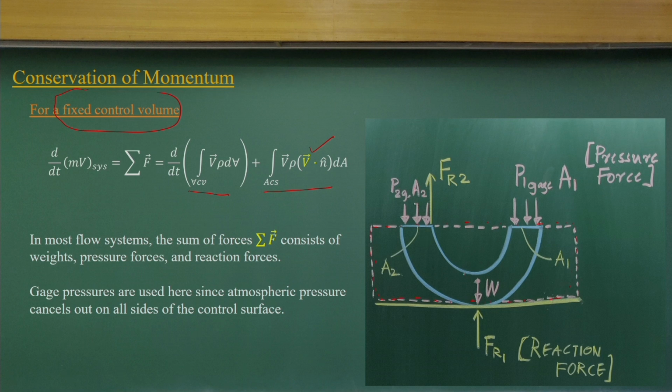The flow is coming from this side, flow is also coming from this side. Both sides flow is coming in, and there are pressures P1, P2 acting on areas A1, A2, and there is a weight and there is a reaction force acting on that. So, this is A1 and A2 and this is a pressure diagram. As I said earlier, we will have the body force component, which is the weight, the pressure forces and the reaction forces.